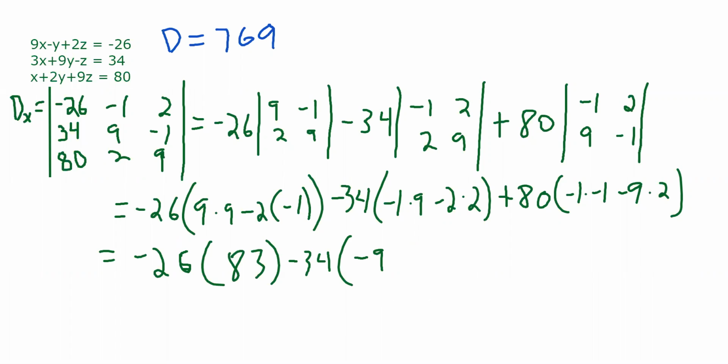So we'll kind of skip to the good stuff here. Plus 80 times +1 minus 18 ended up being -17. And these numbers are going to be quite a bit ridiculous.